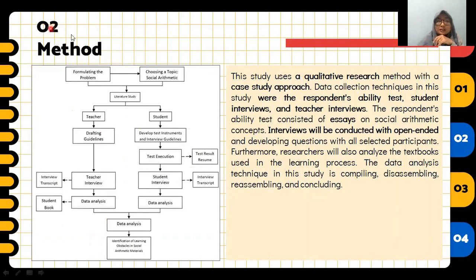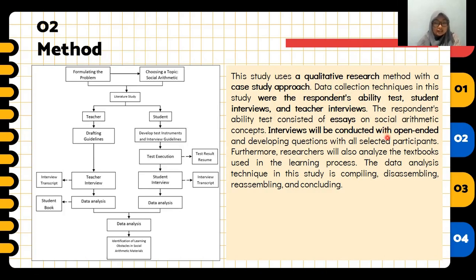Next is chapter 2 about methods. This study used qualitative research with a case study approach. Data collection techniques in the study were the respondents' ability test, students' interviews, and teacher interviews. The respondents' ability test consists of usage and social arithmetic concepts.